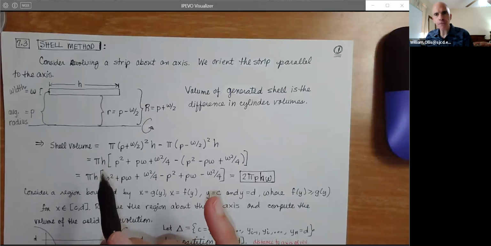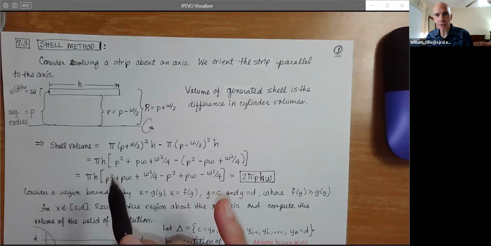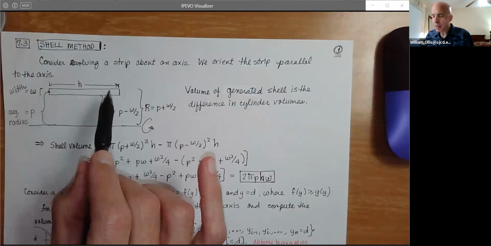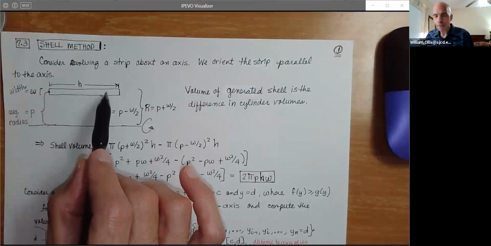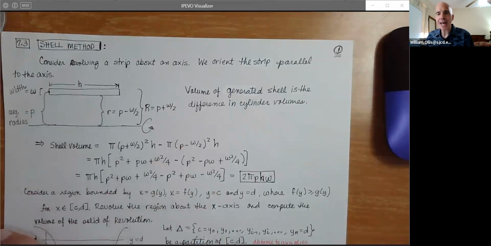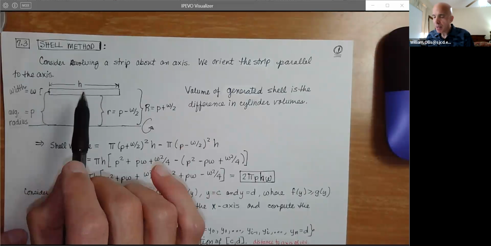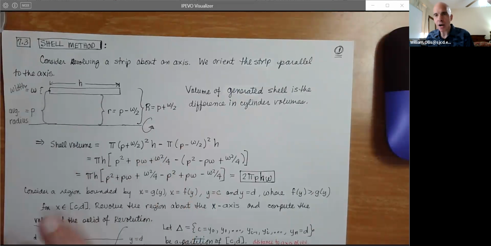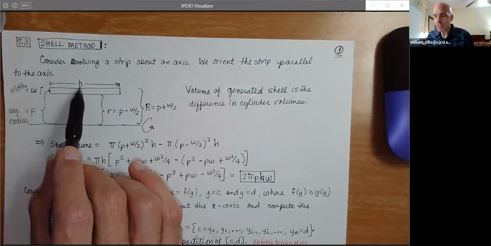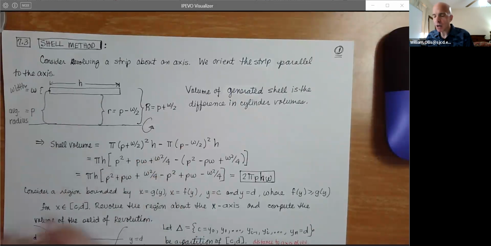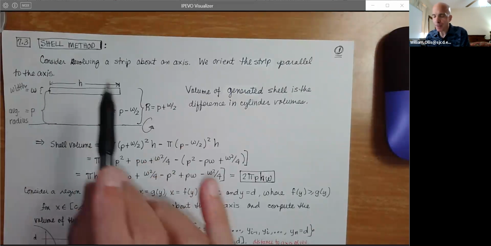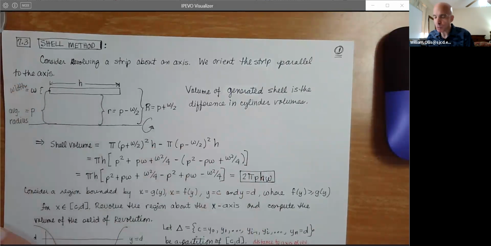So what we do with the shell method is we first just figure out how we find the volume of a cylindrical shell. So we think of taking a strip that is parallel to an axis of revolution. So the notation is what Dr. Larson uses, and I will continue to use that, even though you might think, why doesn't he just call that an L? Well, he calls it H for height, so you can think of it being horizontal, so to speak.